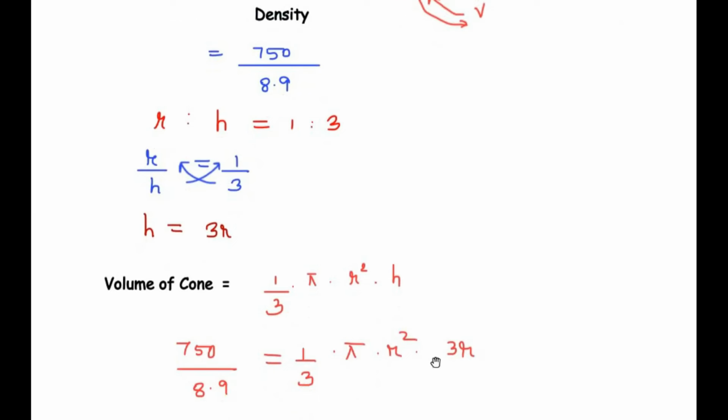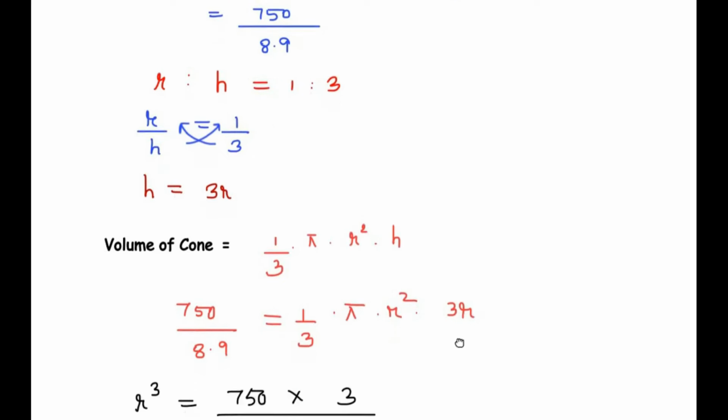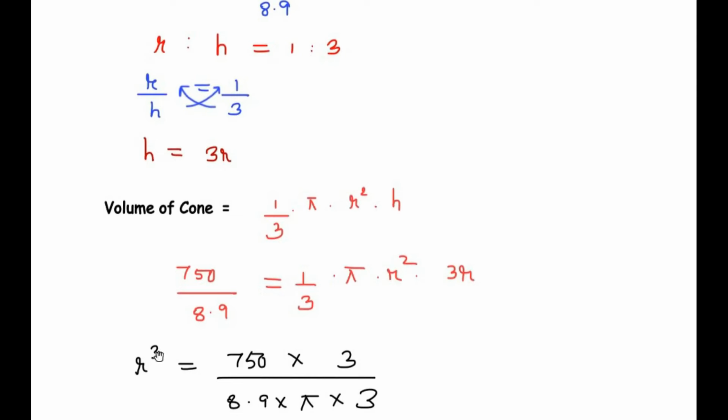Now once we have done this, let us take all the constant terms from the right hand side to the left hand side. So we get r times r square gives us r cube is equal to, now here this 3 multiplies with 750, so 750 times 3 divided by 8.9. Now the pi goes on the other side and multiplies with 8.9, and same thing happens with 3 as well.